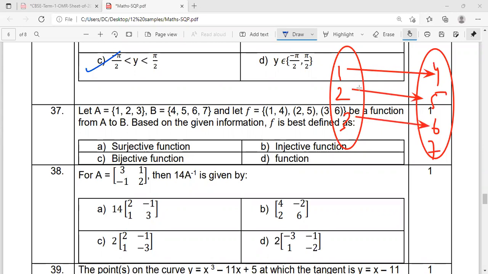So we can easily see this is 1-1, but this is not onto. 1-1 means injective. So it is not surjective. If it is not surjective, it cannot be bijective.